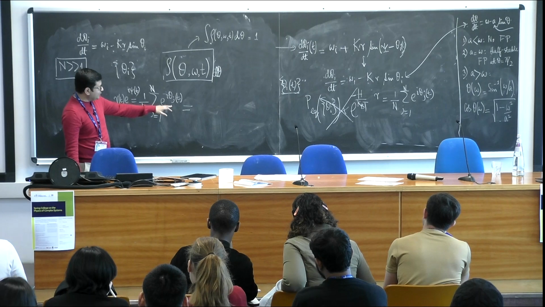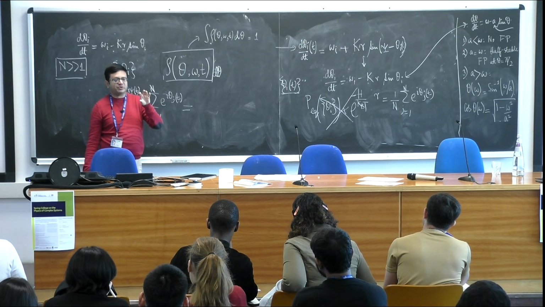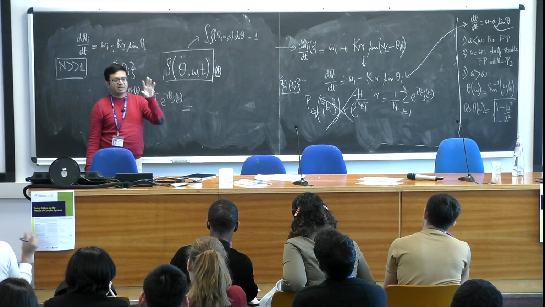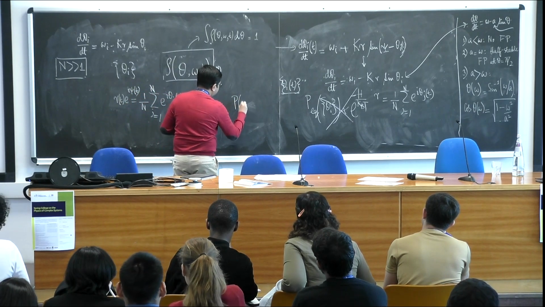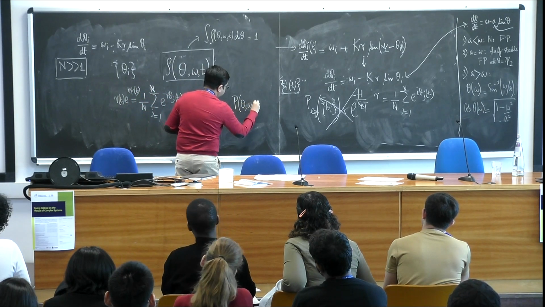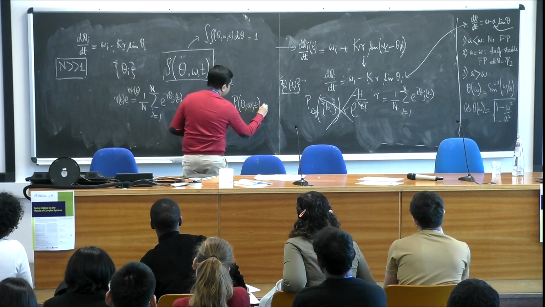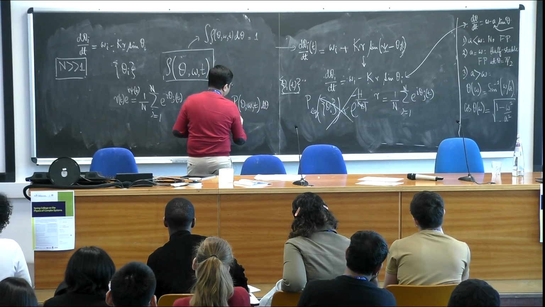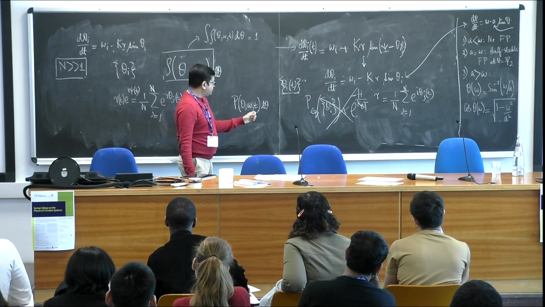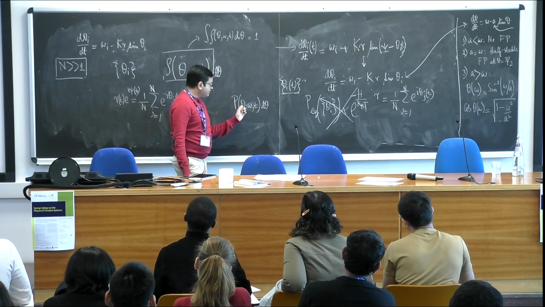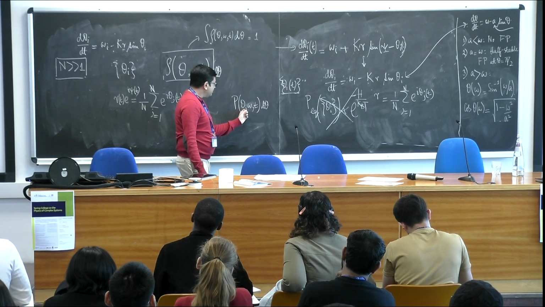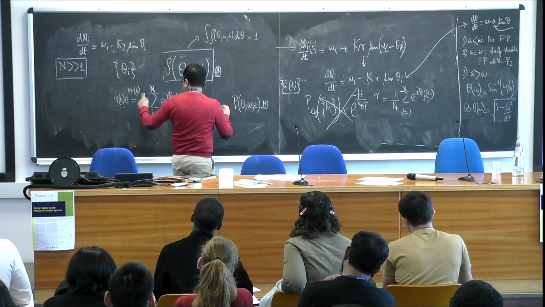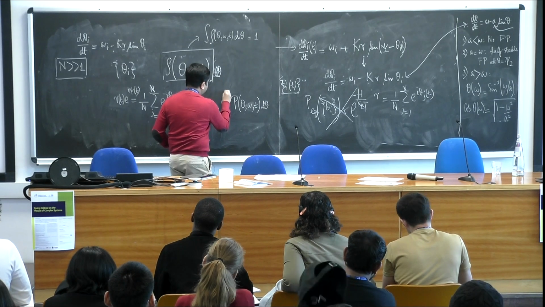Let me first go to the group of oscillators with red color. So how many of them are there? So this is the fraction of the number of oscillators for which the phase value is theta. For them, the value of this e to the I theta would be just e to the power I theta, right?